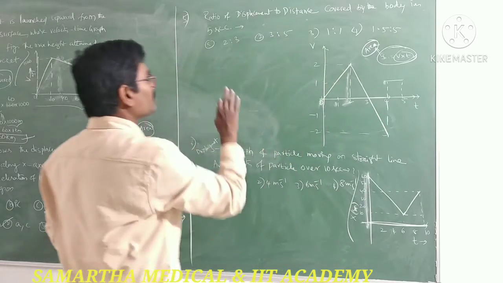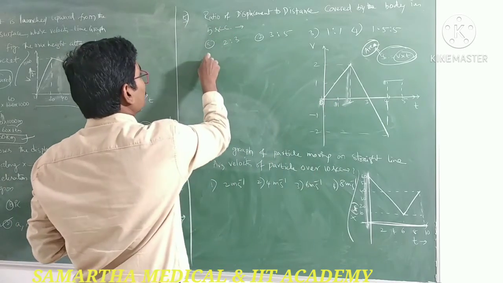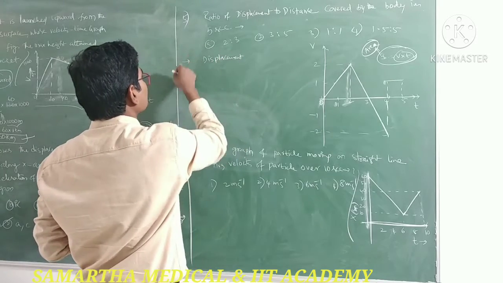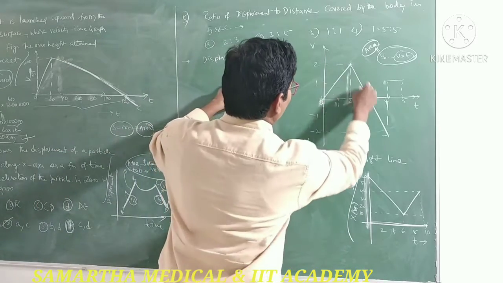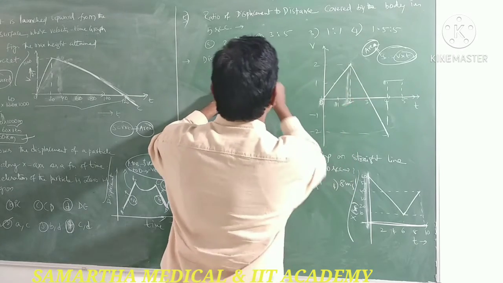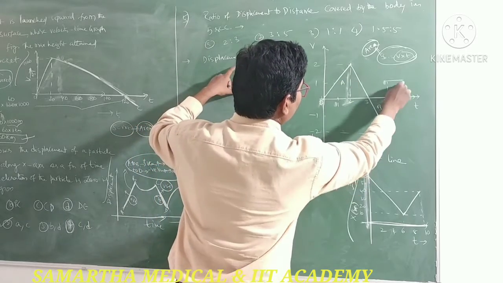That is the difference between distance and displacement when calculating from the graph. So to calculate displacement, this is the positive area. What is this? It is a triangle, so A triangle, B triangle, C triangle.